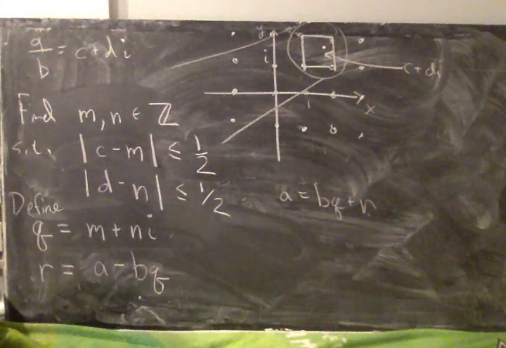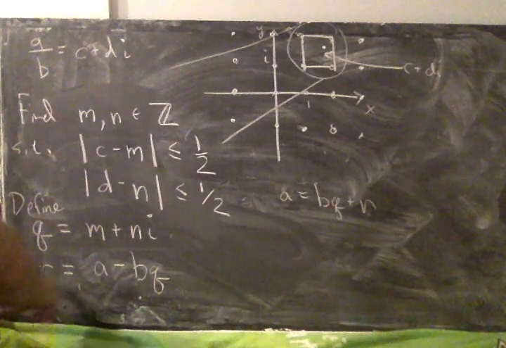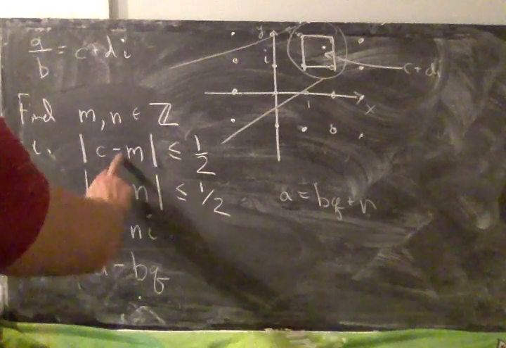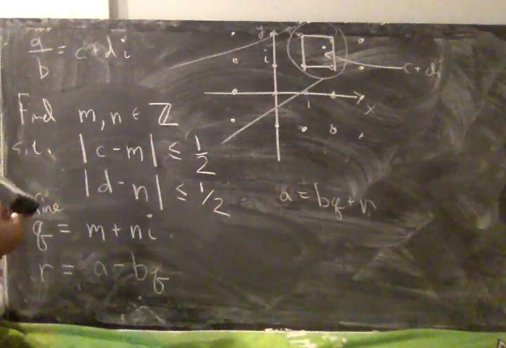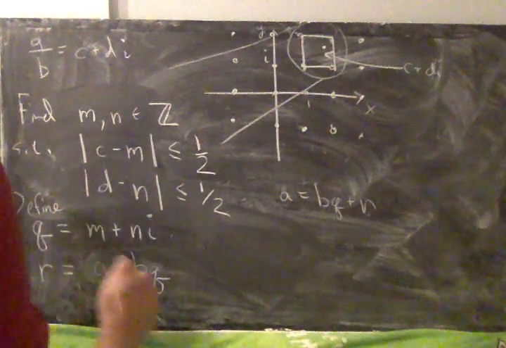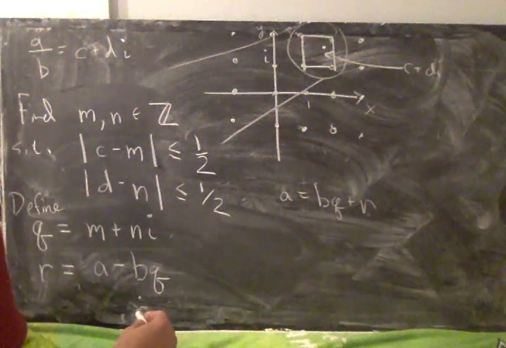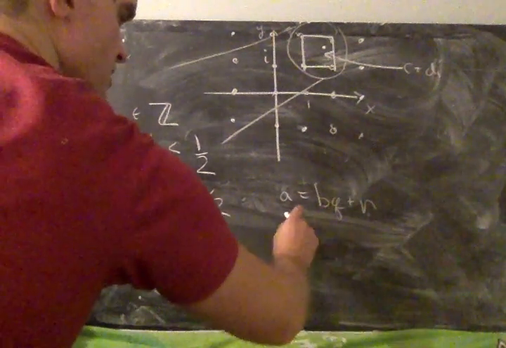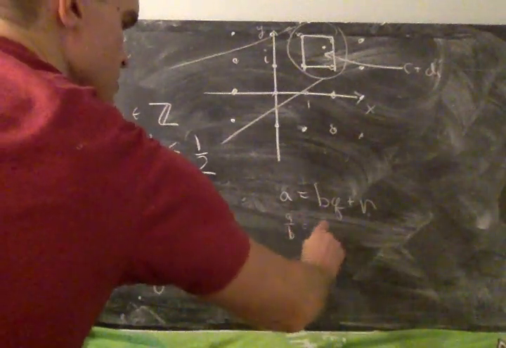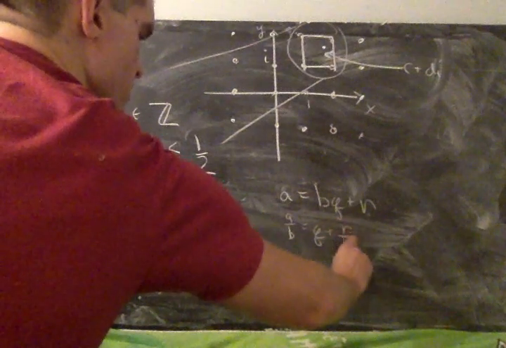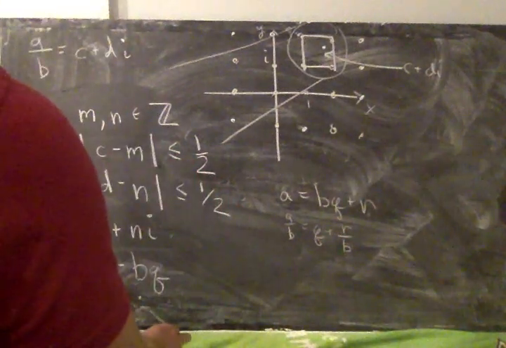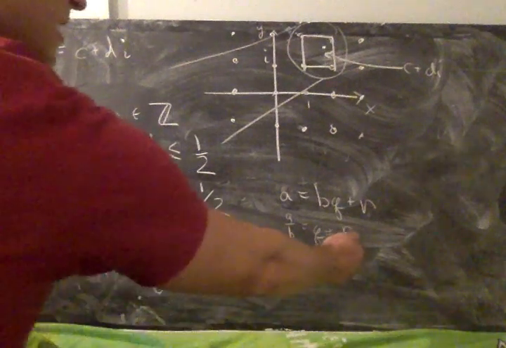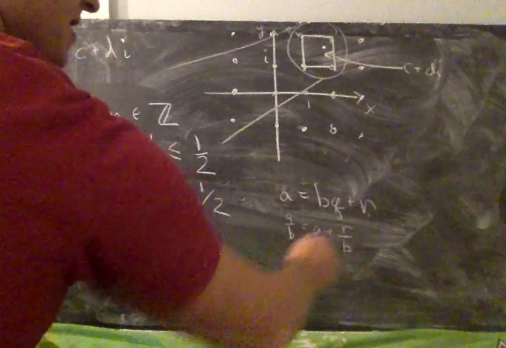And then I claim with this that the norm squared of R is less than the norm squared of B. And basically want to make use of this fact here. So what I want to do is look at, remember again, this is A over B equals Q plus R over B. So what we want to do is check that R over B is small.